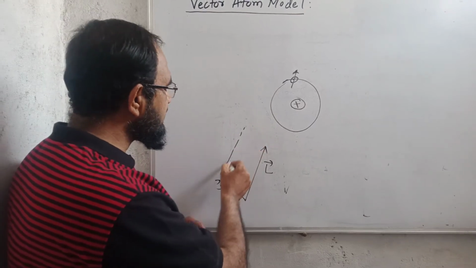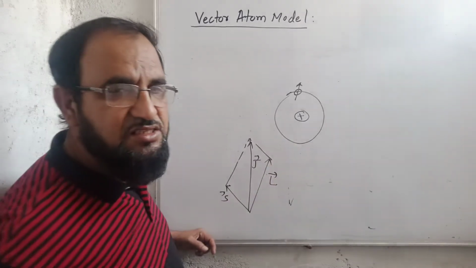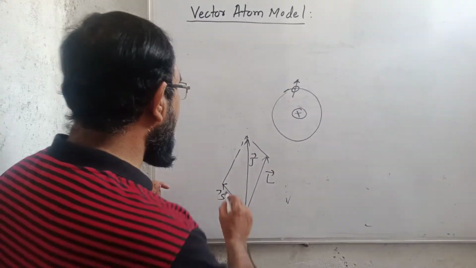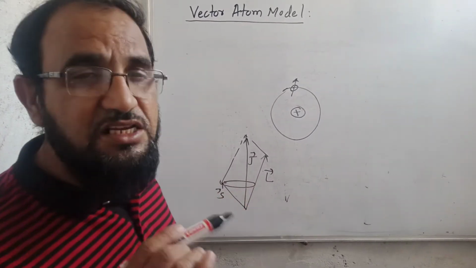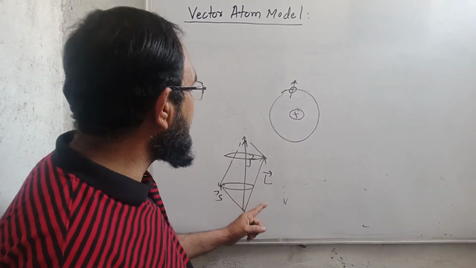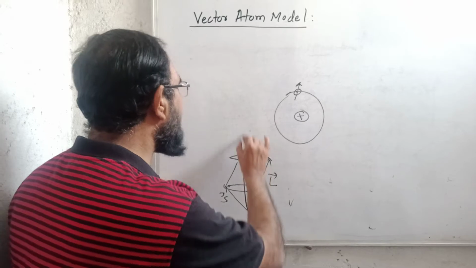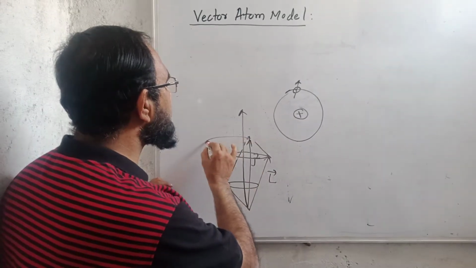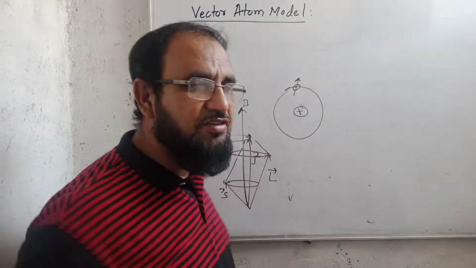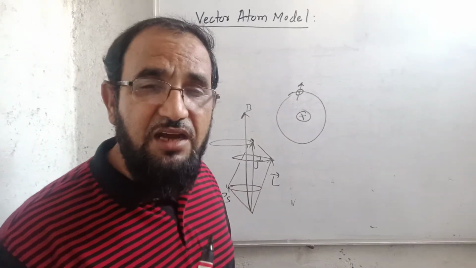The resultant of these two is given by the parallelogram law of vector addition, along the diagonal J. There is precession of the vector S around J, and precession of the vector L around J. If I apply an external electric or magnetic field, then J will precess around the magnetic field vector or the electric field vector E. This type of model is called the vector atom model.